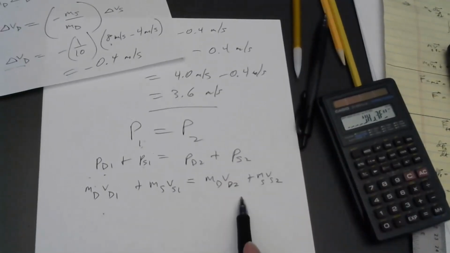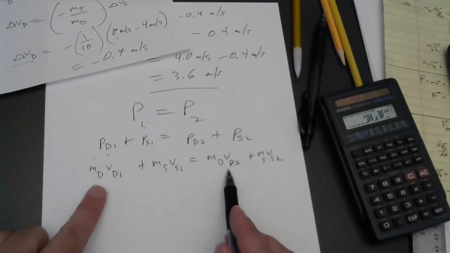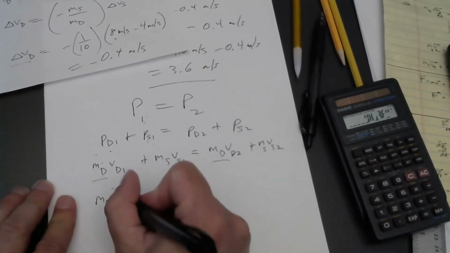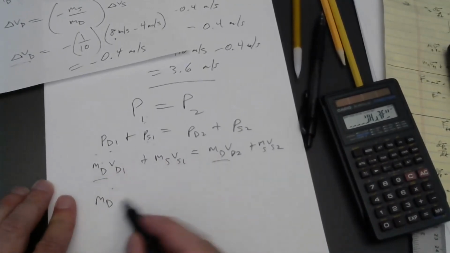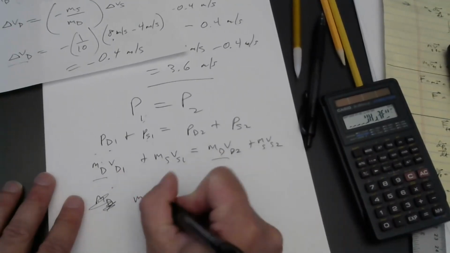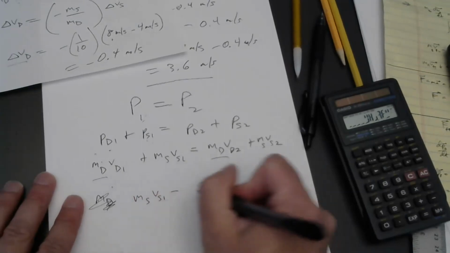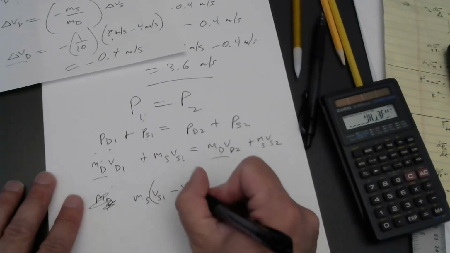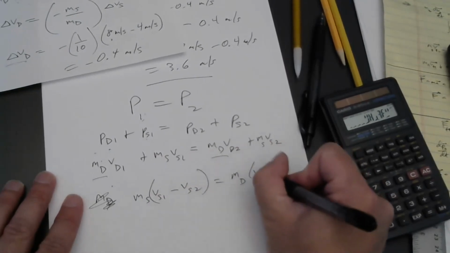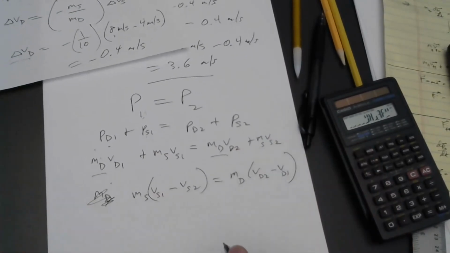This seems a little more tedious, doesn't it? There's more subscripts to write. Well, here's where I can factor out an m_D here and here. Let me put all the skateboard stuff on the left side. m_skateboard times (v_S1 minus v_S2). And on the right side, I'll put the Dan stuff: m_D times (v_Dan2 minus v_Dan1).